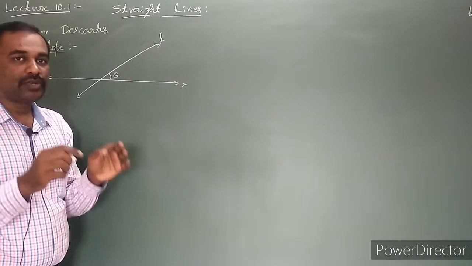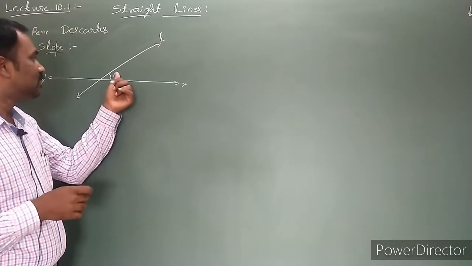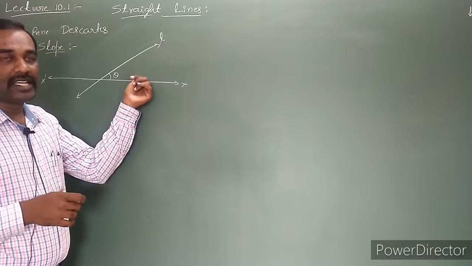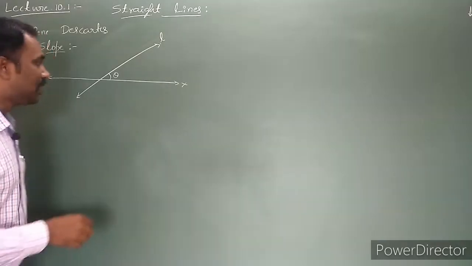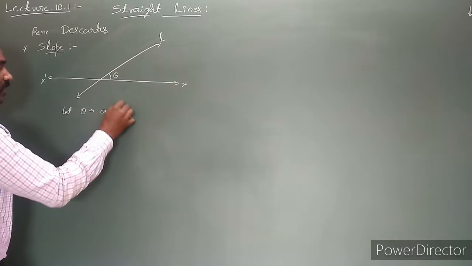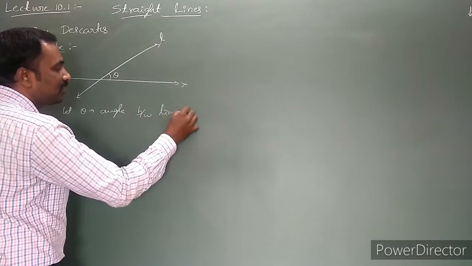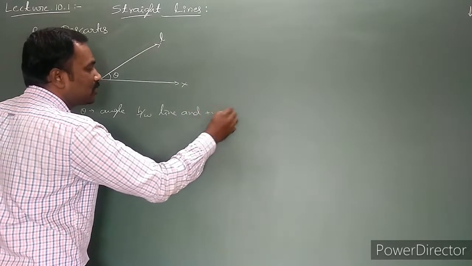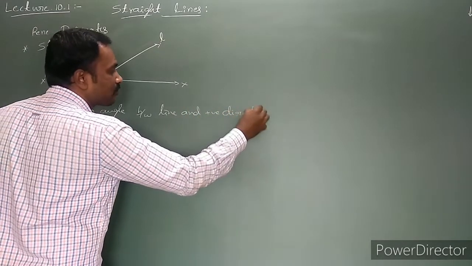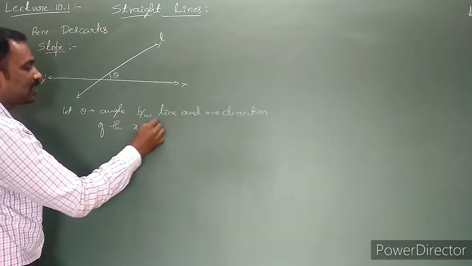Suppose L is the line which makes an angle with the positive direction of the x-axis. Then it is said to be the angle between the line and the positive direction of the x-axis. Let theta be the angle. This is the angle between the line and the positive direction of the x-axis.